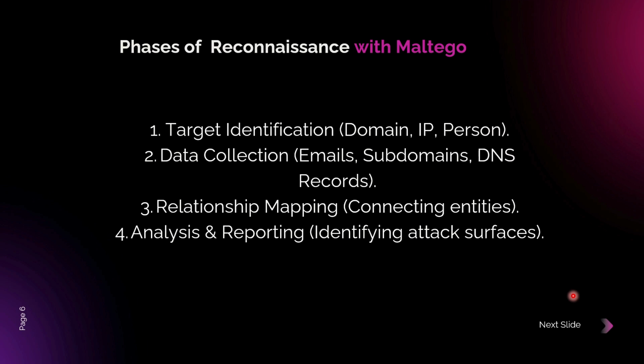It draws a social relationship: this domain belongs to this and this, and these numbers are registered with it, and this is what relationship mapping is. And at number 4, it gives you an analysis and report, but this is actually manual work. You check what the weak points are and where to attack.